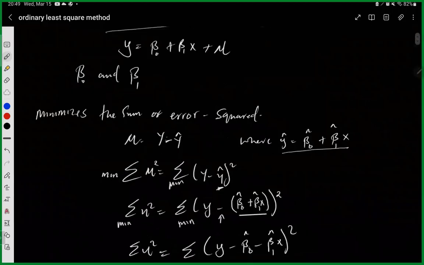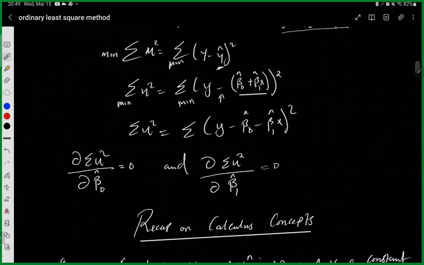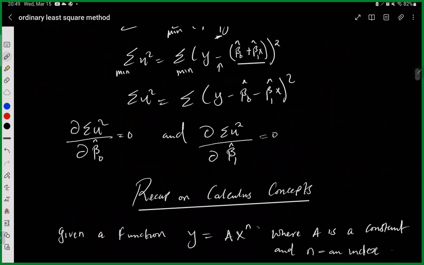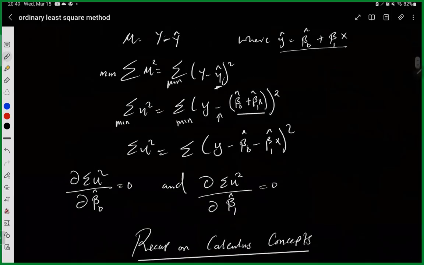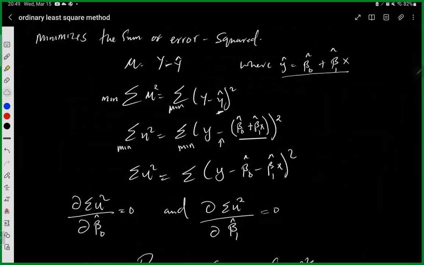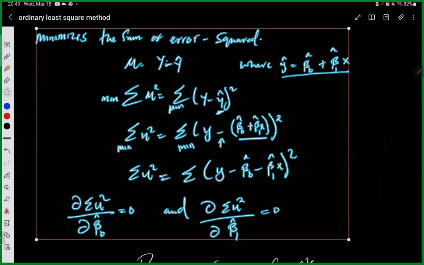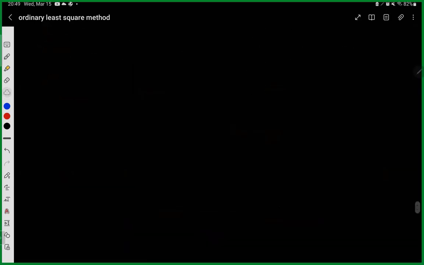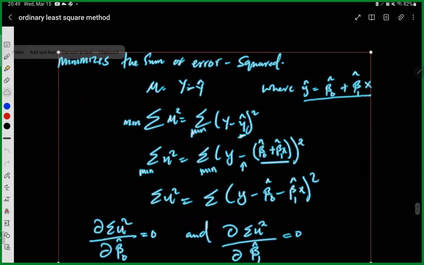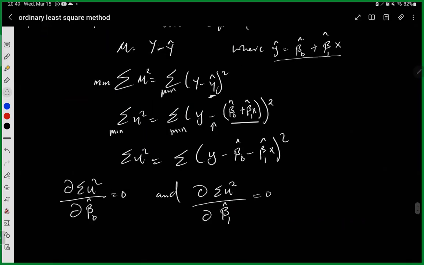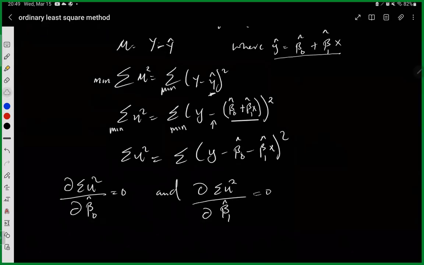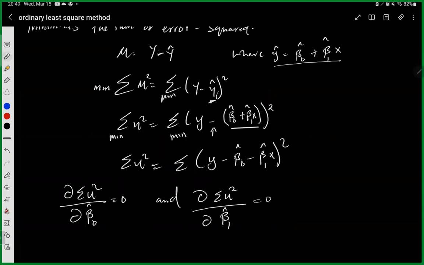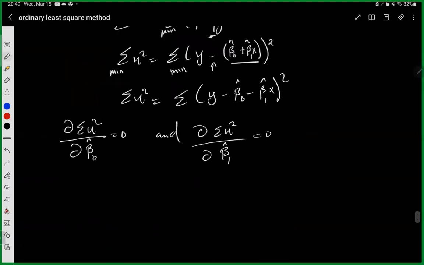I don't know if you remember. So like I said, we are minimizing the sum of error squares. We're differentiating this with respect to beta naught and with respect to beta 1. We begin with beta naught. So what is the partial derivative of this here?